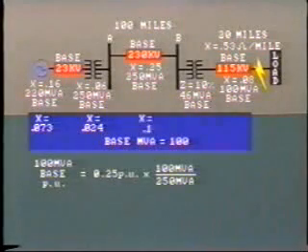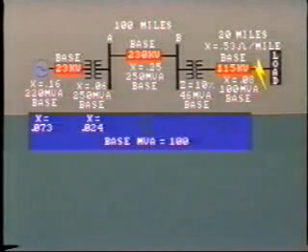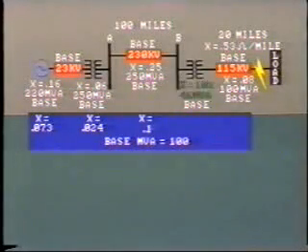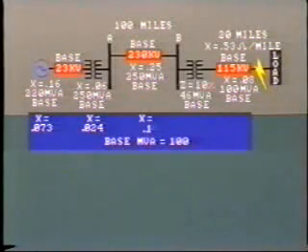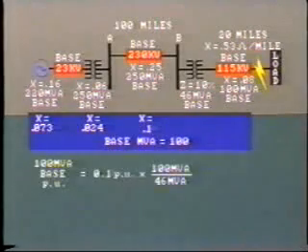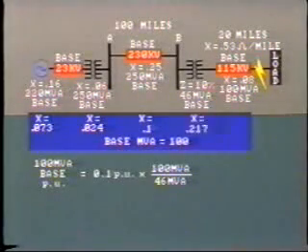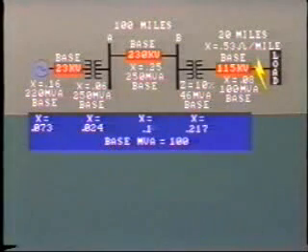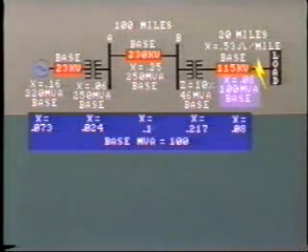This converts to 0.1 on the 100 MVA base. We already know the impedance, let's call it reactance value, for this transformer, 10% at 46 MVA. That is 0.217 per unit on a base of 100 MVA. The 115 kV line we already calculated as 0.08 on a 100 MVA base.